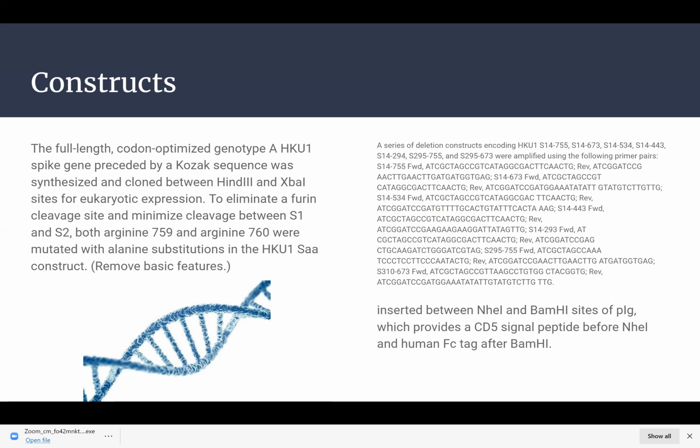And they inserted them between the NheI and the BamHI sites of pLG, which provides a CD5 signal peptide before NheI and human Fc tag after BamHI. So this means it's going to be able to be detected much easier than it would have been if they had not included these. And it'll give a CD5 signal and an Fc tag.